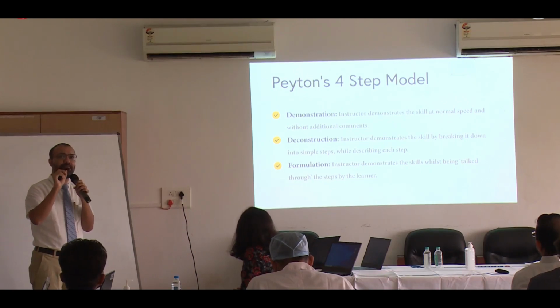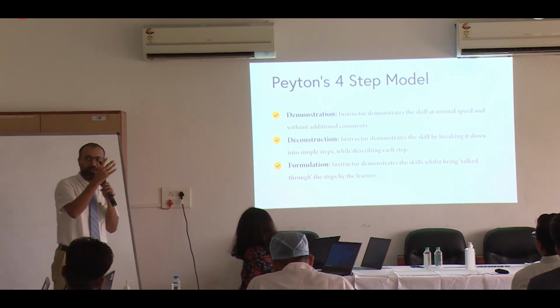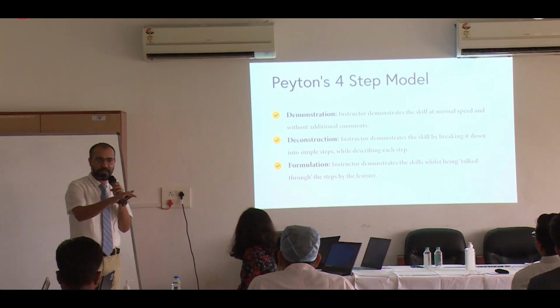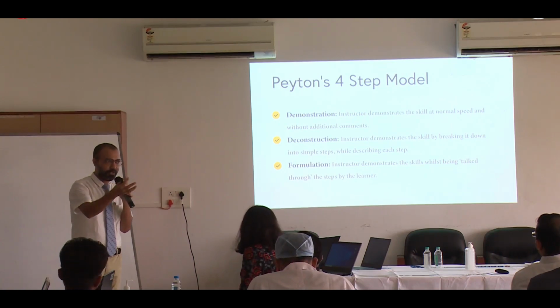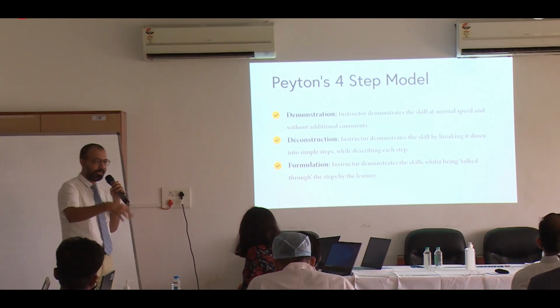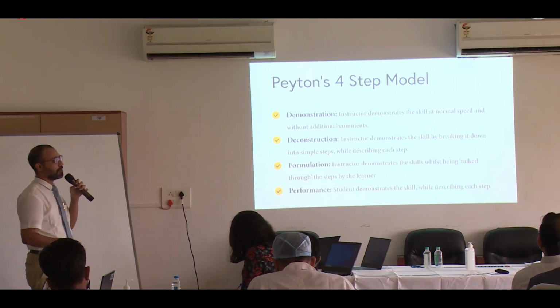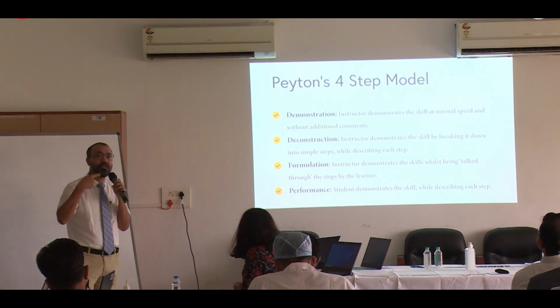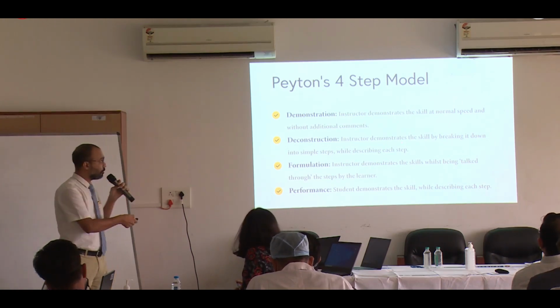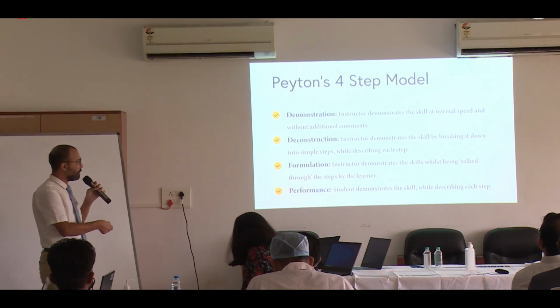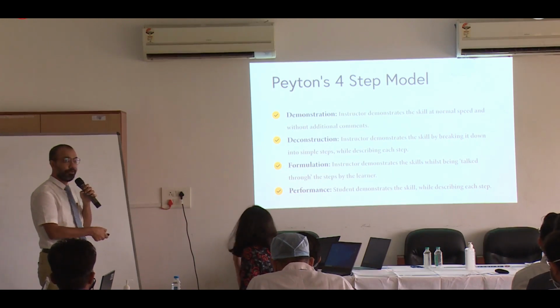If you think that he is going totally haywire, you can rectify it. One minute, you forgot this step. But that is what it is. And final step is performance. This is where the student will demonstrate the skill, but he will also describe each step. So 3 times it is to be performed by the instructor and 1 time by the student.